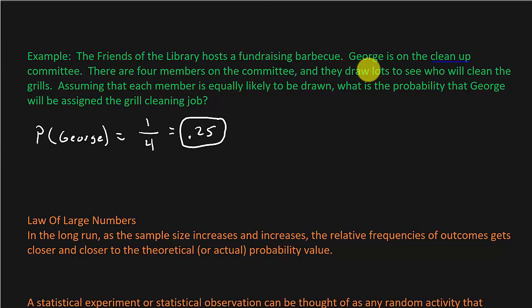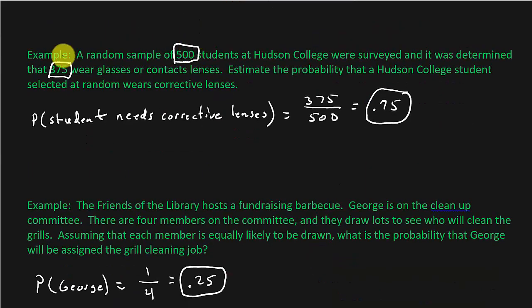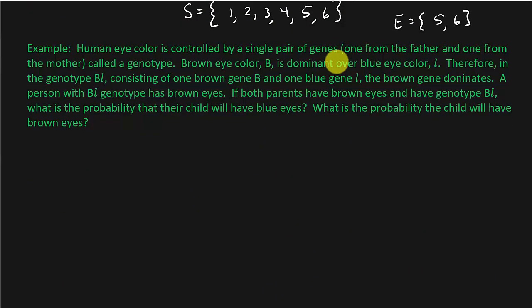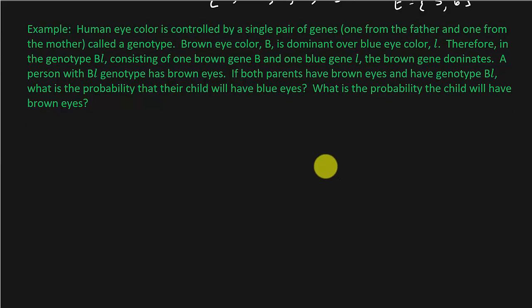And in the committee problem, they didn't come out and say it, but we knew the number of possible outcomes was 4 because there's 4 people on the committee. They asked what is the probability that George has to clean the grill? So the successful outcomes is 1, the possible outcomes is 4. That was pretty easy to determine. But in this problem, they don't really tell us that. So we have to get what the sample space is.